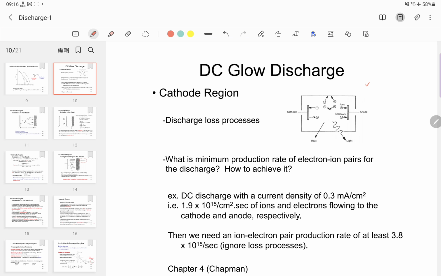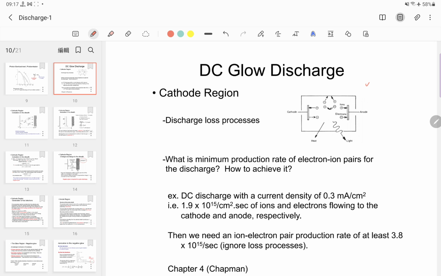So one needs to keep an ion and electron pair production rate of 1.9 times 10 to 15 per cubic centimeter per second. Okay, so this is the condition that Chapman analyzed.